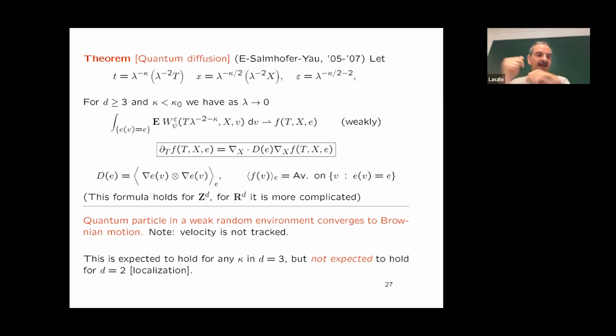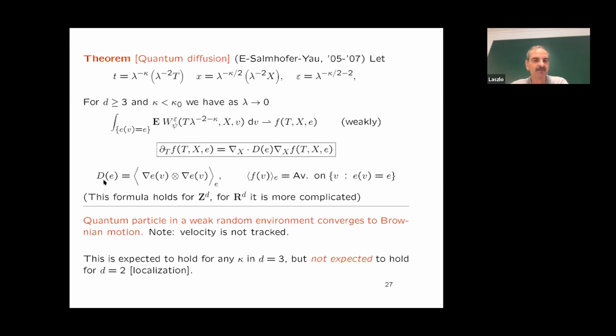There is no thermalization in the situation, and energy is still conserved. So the whole process works for a fixed energy. And for that function, which now depends only on space and time, plus this energy parameter, the heat equation holds with a certain diffusion coefficient, which is actually a matrix, a diffusion matrix, which depends only on the energy.